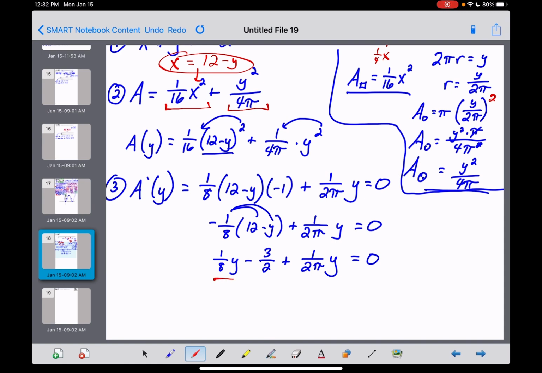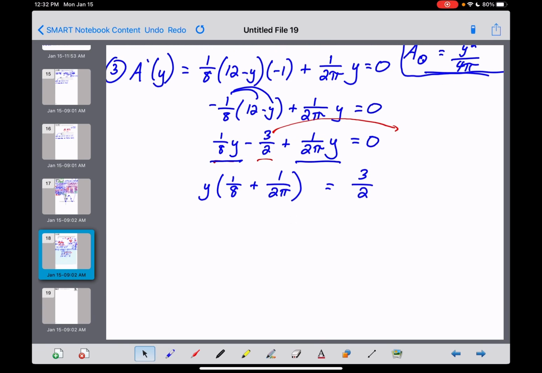Now, we've got 1, 2, 3 terms in this equation on the left side, 2 of which contain a y. So I'm going to take this one that is constant and move it over to the right side, and at the same time, I'm going to factor a y out from what's left. Pulling a y out from here is going to leave me with a 1/8, and from here, it's going to be a plus 1 over 2 pi. And all of that is going to equal a positive 3/2 now when we bring that to the other side.